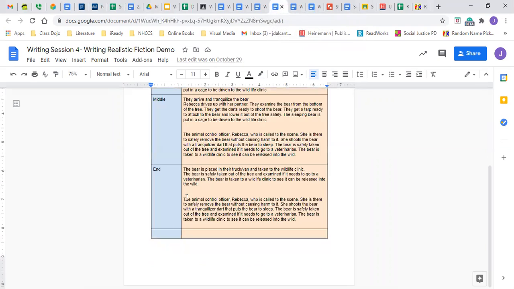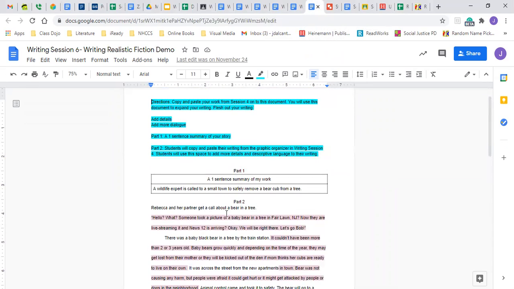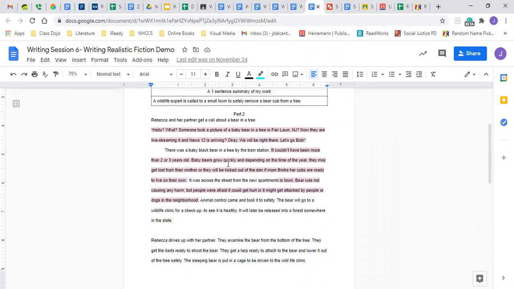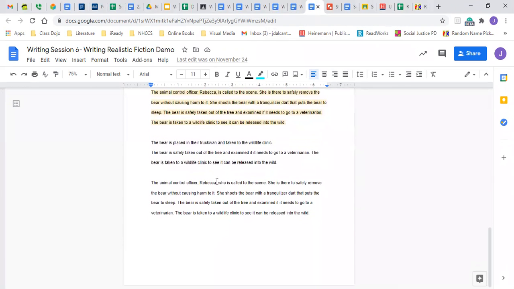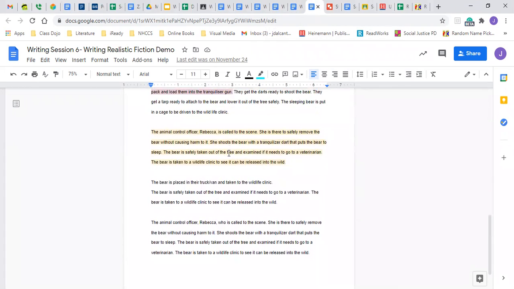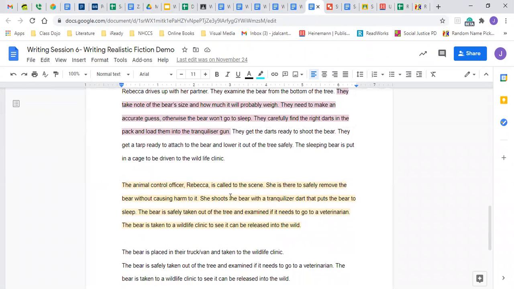So the work from here is now copied and pasted to part 2 down here, and now it's starting to resemble a short story. Some of the highlights are text and words that have been added or removed. So I have light purple and light pink here.